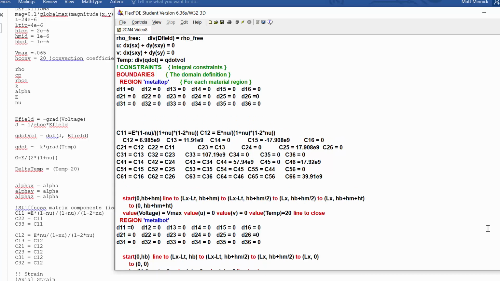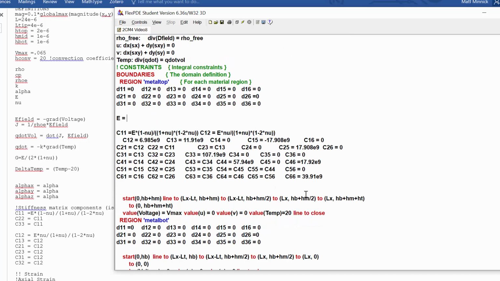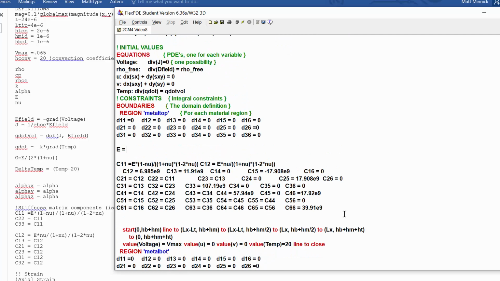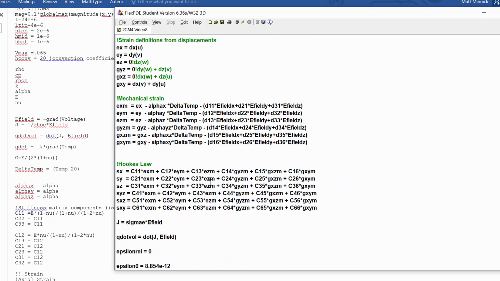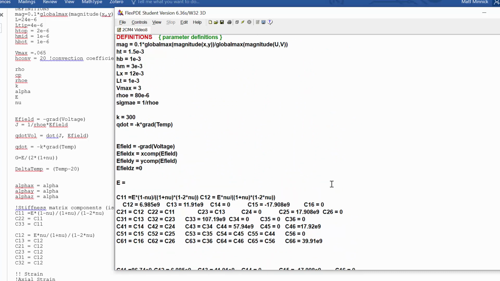Now we'll also need to define what E is. This is why we couldn't use E as electric field earlier. It's probably better to define the general C's up here and specify what E is for the metal, maybe 79E9, something like that.